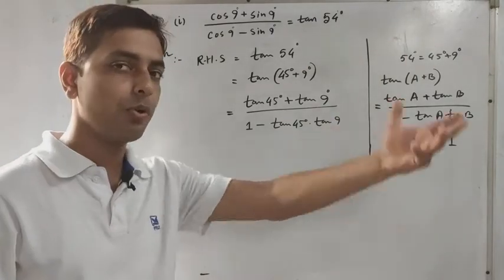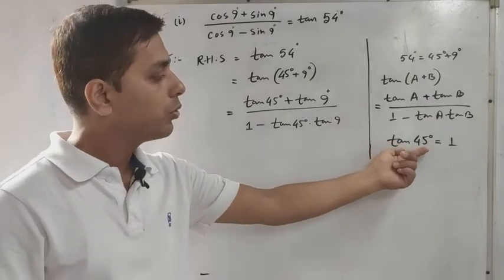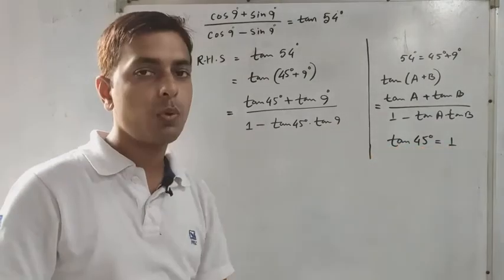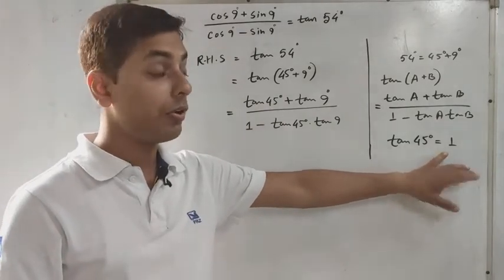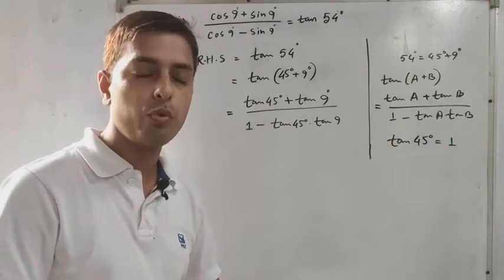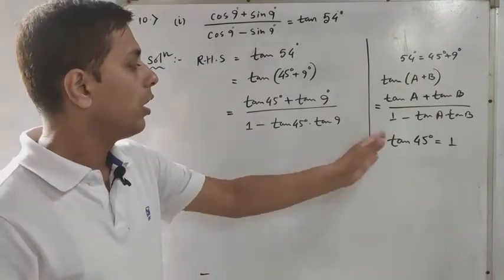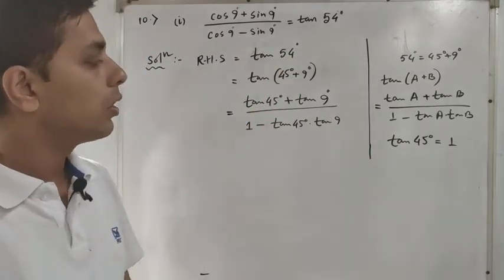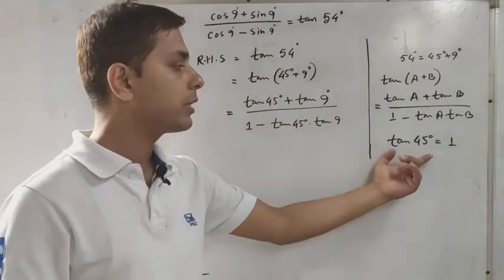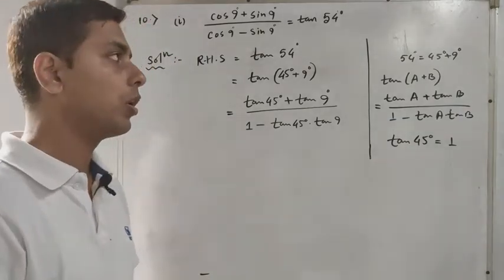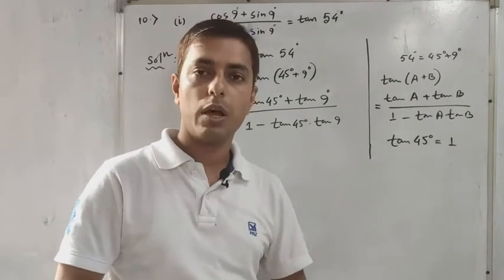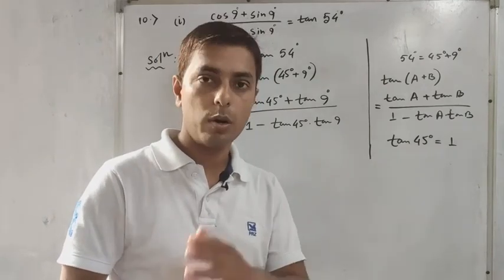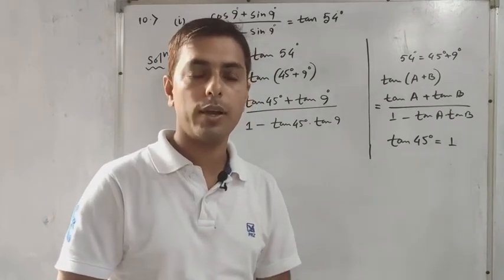If you go through that video, you will understand how tan 45 degree equals 1. Actually the proofs are also available. Tan 45 degree equals 1 we can prove also. Later on, after solving these questions, I will show how to prove those things, tan 45 degree equals 1, or sin 45 degree equals 1 by root 2. The proofs are available in general mathematics chapter 8 and also in advanced mathematics.